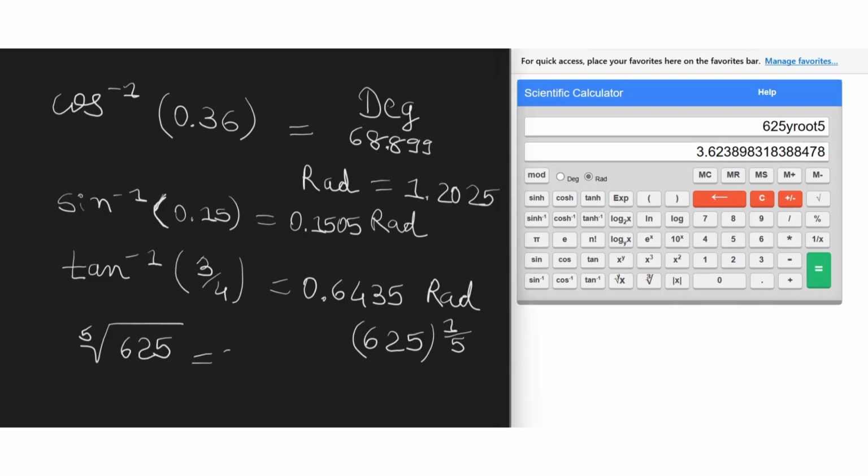Then write the root, which is 5, and press equal to. So we get 3.62, or you can even do it as 625 x raised to y, and then put a bracket, 1 divided by 5, bracket close, and equal to. We'll get 3.62.